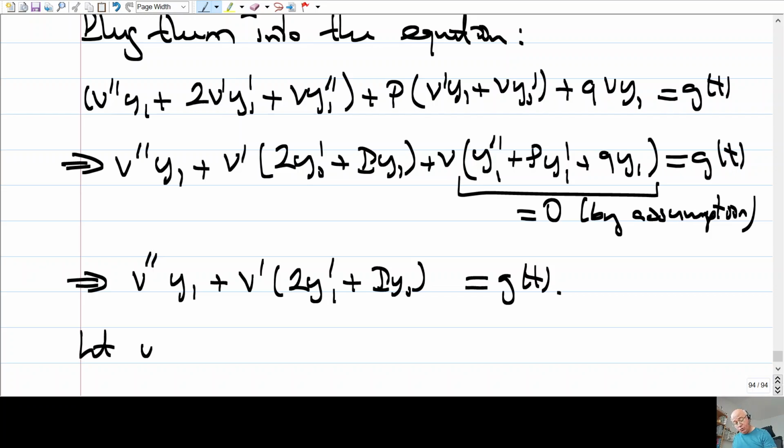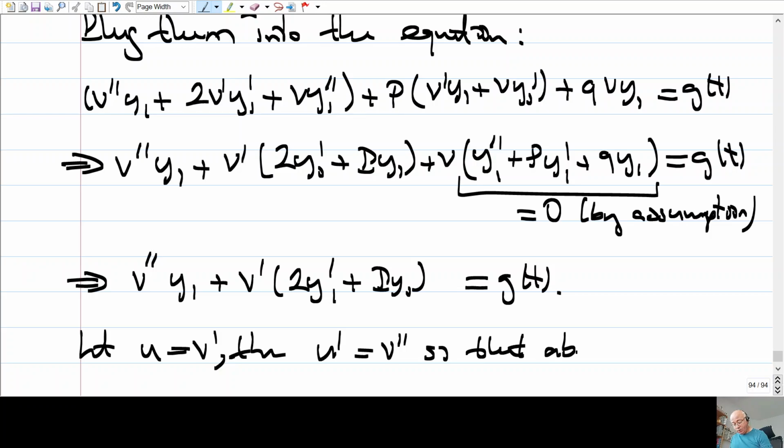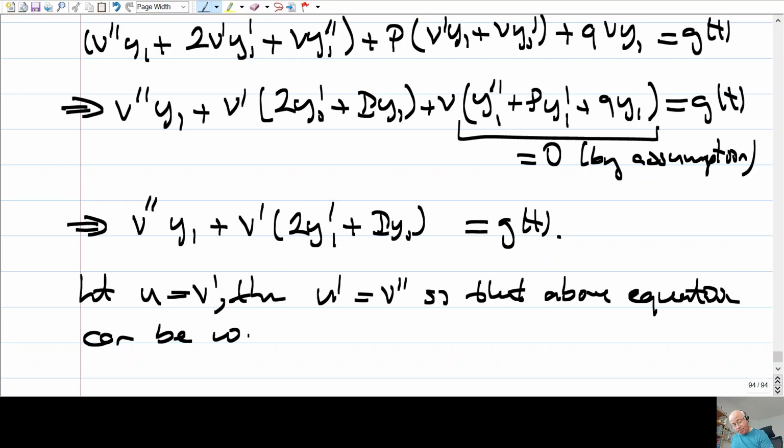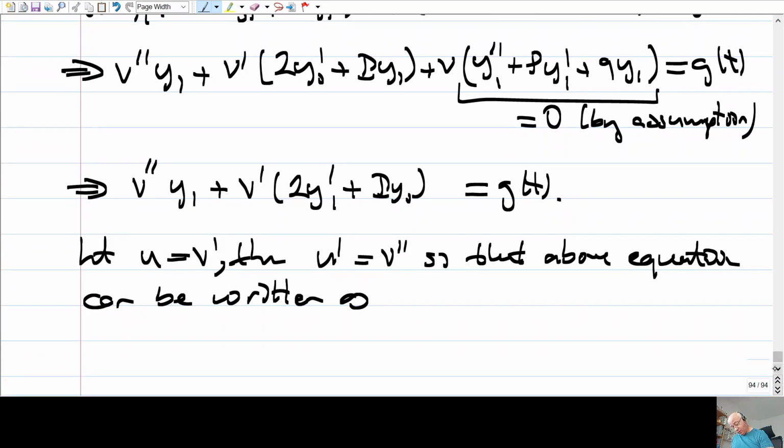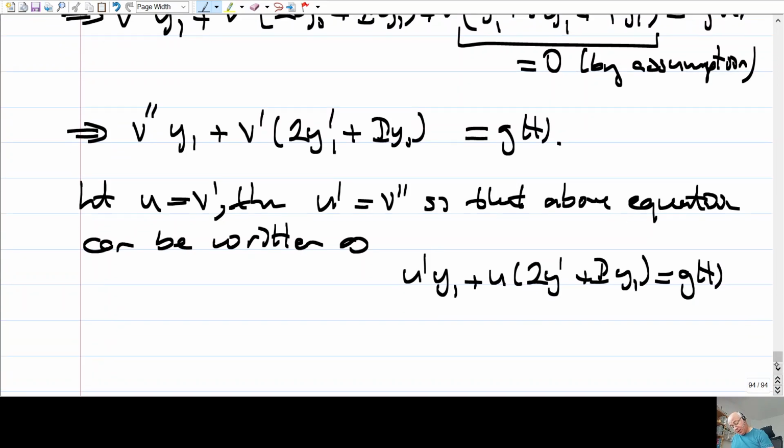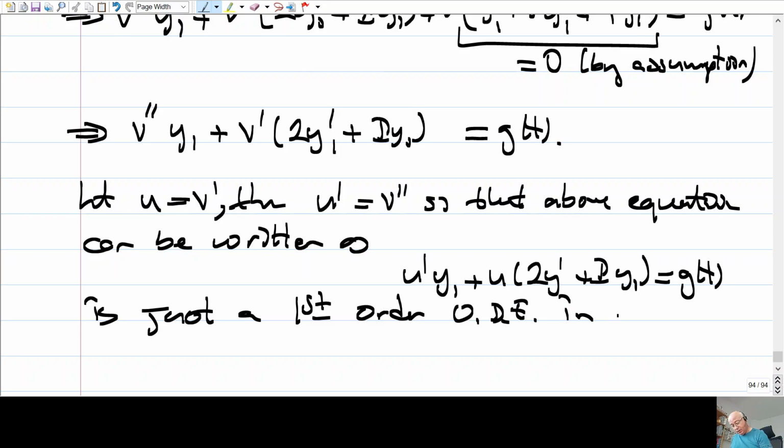How? Let u be v prime. Then u prime is just v double prime, so that the above equation can be written as u prime times y1 plus u times (2y1 prime plus p y1) equals g(t), and this is just a first order ordinary differential equation in u.